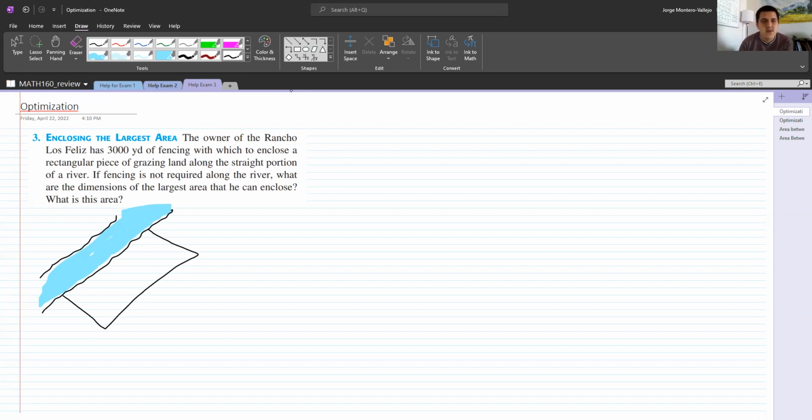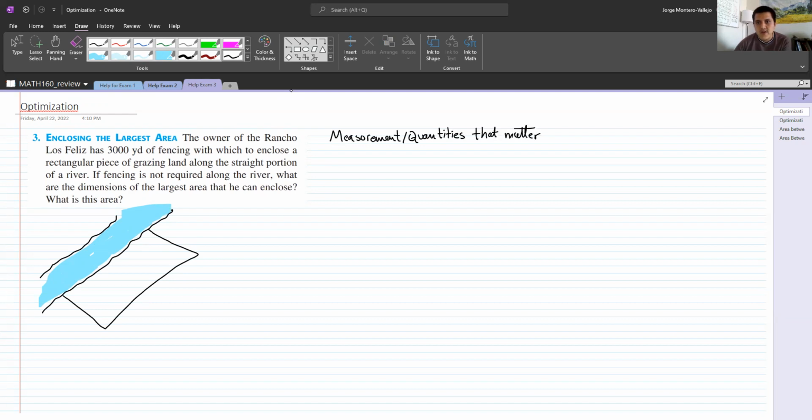Okay, now the second step is to then write down variables and measurements, or quantities, that matter, right?